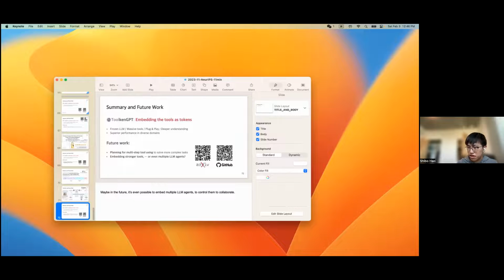Yes, adversarial training. That sounds promising, but I don't have a concrete idea in my mind right now. It's a good question and suggestion.